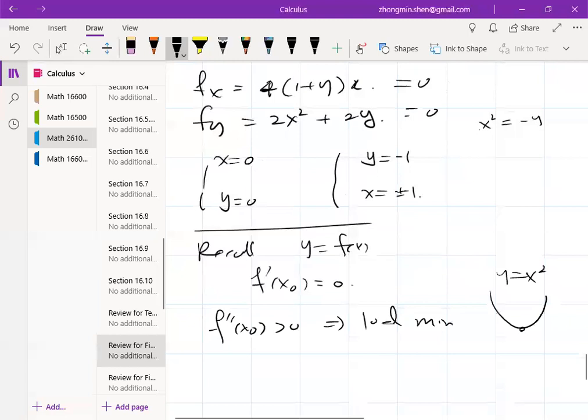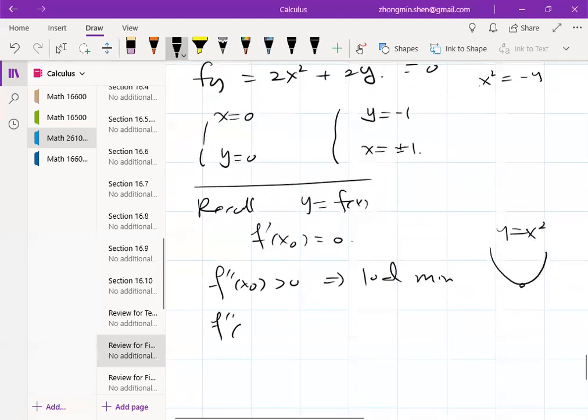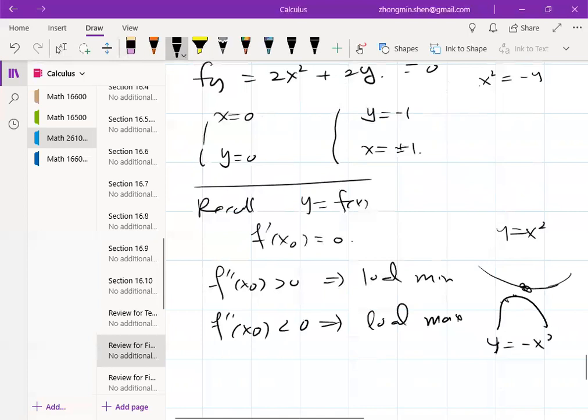The second derivative is positive. And if the second derivative is negative, it implies a local maximum. So that's the relationship. The example is y equals negative x squared.